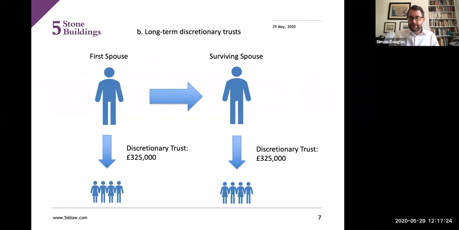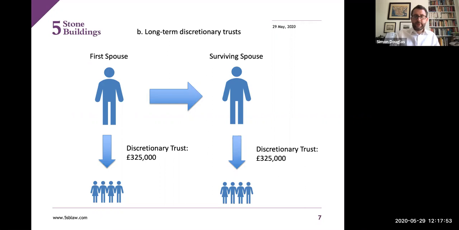And from the discretionary beneficiaries' perspective, the situation is largely the same. But the difference, legally speaking, is that there are two separate settlements. So they each have their own nil rate band allowance. So that will avoid or at least mitigate relevant property charges in the future. That's not the only way to do this. The other way, perhaps, of doing this is through establishing pilot trusts.